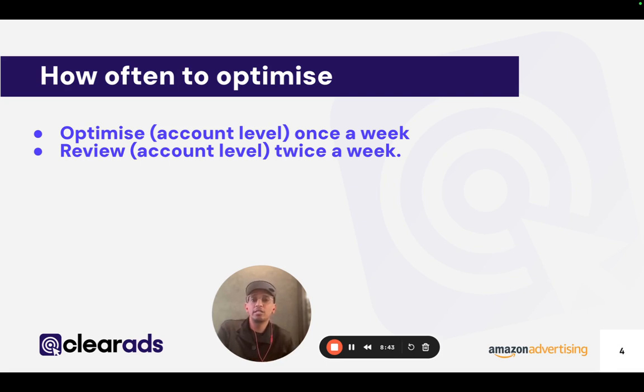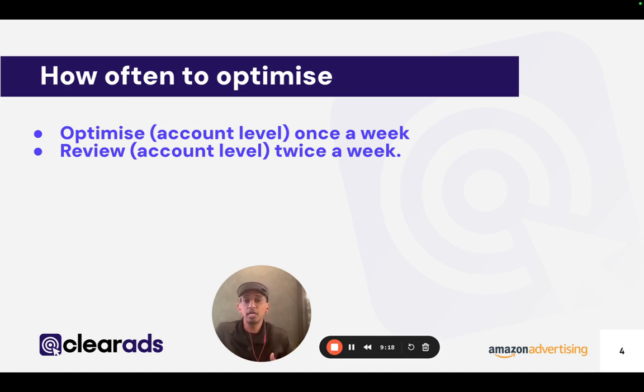Another example of when to optimize more often is if you've started to create new campaigns. If you're launching new products, you want to keep an eye on how many impressions and clicks you're getting, and whether it's working. If you're testing something where there's a chance you might spend quite a lot of money, say a few hundred dollars a day on a fresh campaign, you won't have historical data to benchmark the performance, so you want to keep an eye on it more often.